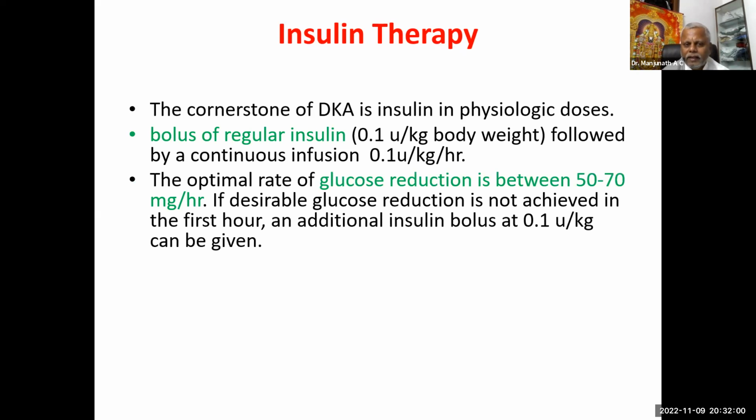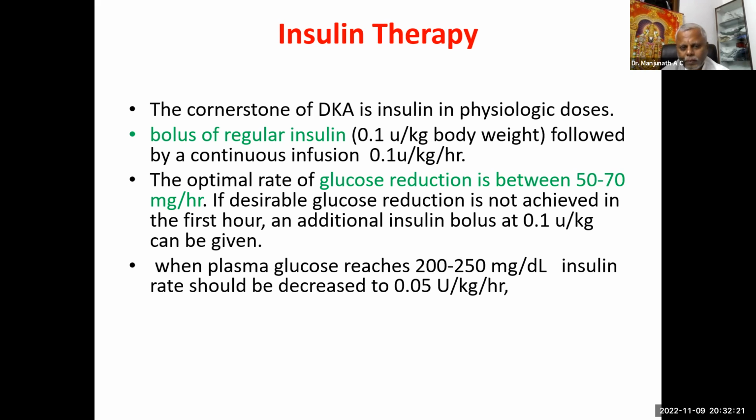The recommended rate of glucose reduction is between 50 to 70 milligram per deciliter per hour. If desirable glucose reduction is not achieved, or if it is more than 100 per hour, still an additional insulin bolus can be given.